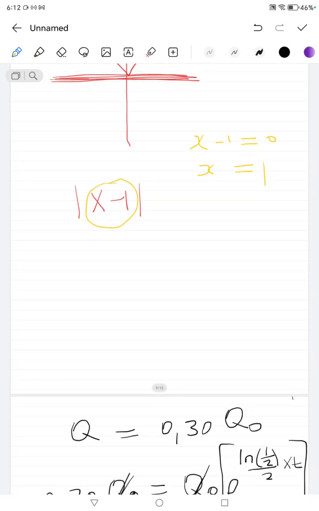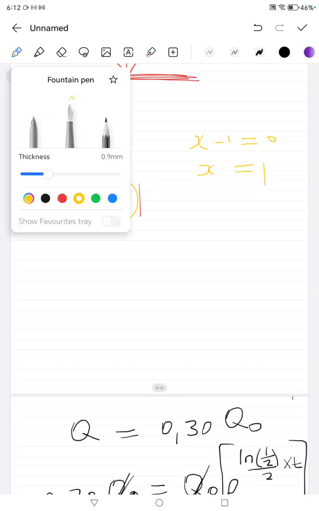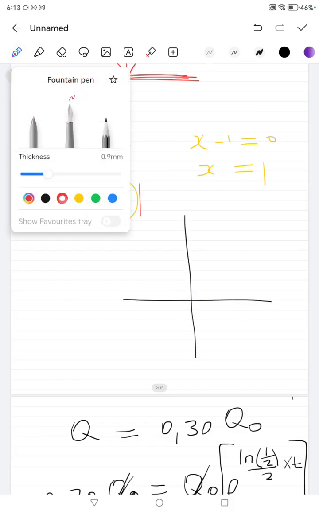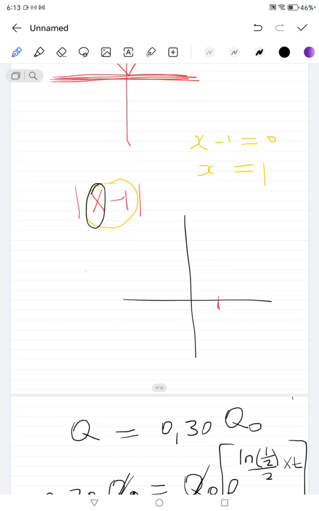But in your head, you always keep the shape of the parent function. Now the vertex of your graph has moved to 1, this side where you have your 1. Your new graph is going to look something like this.